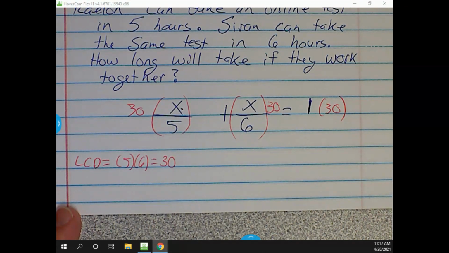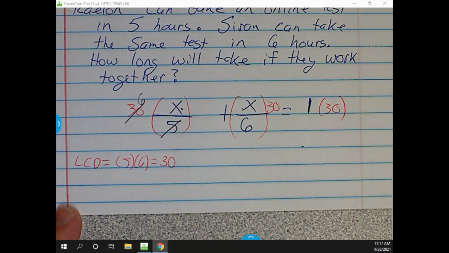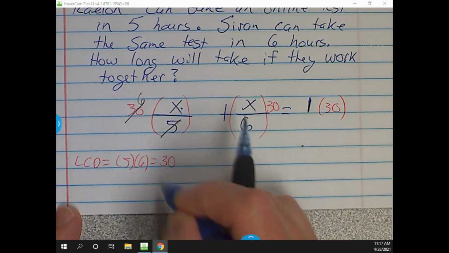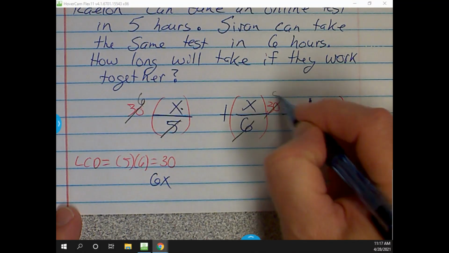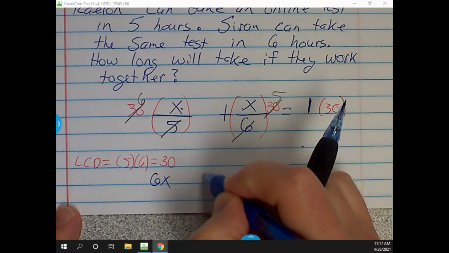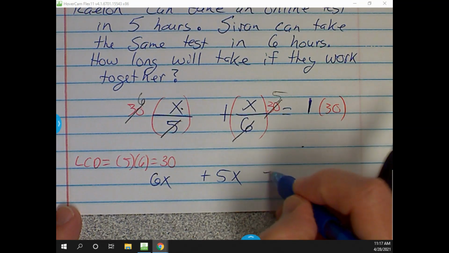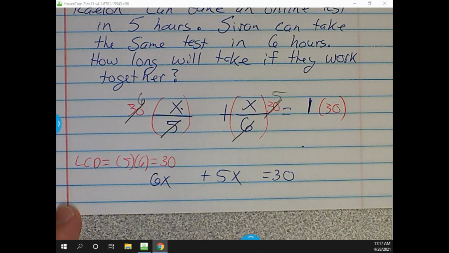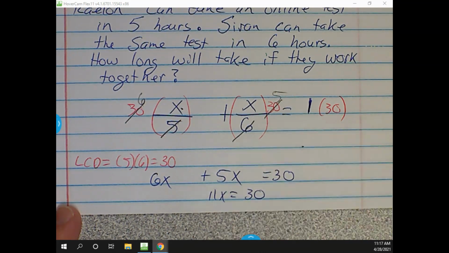Again, everything will cancel, because 5 goes into 30 6 times, so that leaves 6x. 6 goes into 30 5 times, so that makes 5x, and then 1 times 30 is 30. 6x plus 5x is 11x, equal to 30.